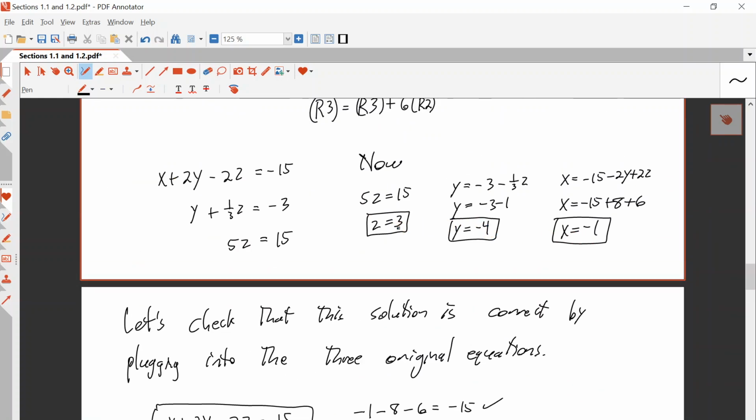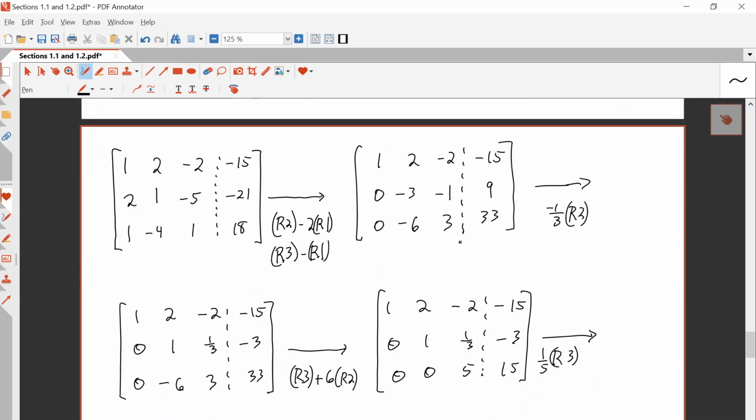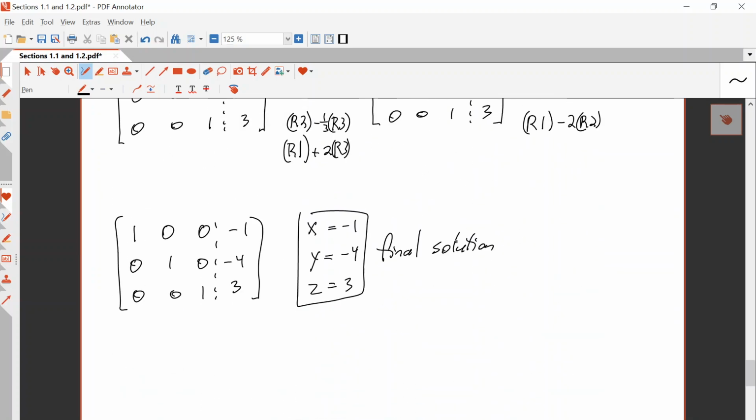Minus 1, minus 4, 3. X is minus 1, y is minus 4, z is equal to 3. All right, so in this nice form, you have a 1 in every row and a 1 in every column, and from there you just read off the solution straight like that.